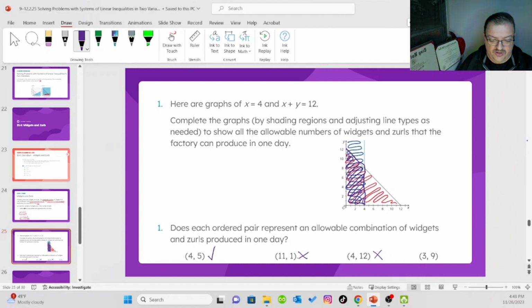I go over 3, up to 9, and I am on the solid purple line, creating the double shaded area. So this does make x less than 4, and it does make x plus y equal 12. So it is a solution to the system. Again, our solutions are any points in the double shaded area or on solid lines creating the double shaded area.